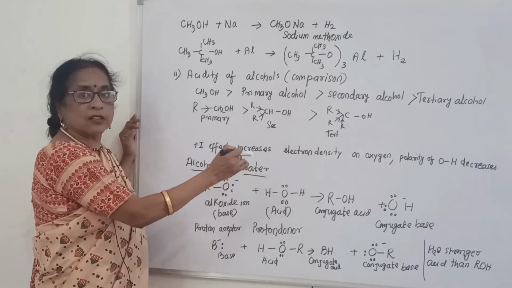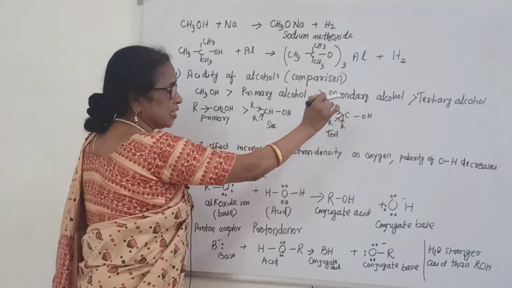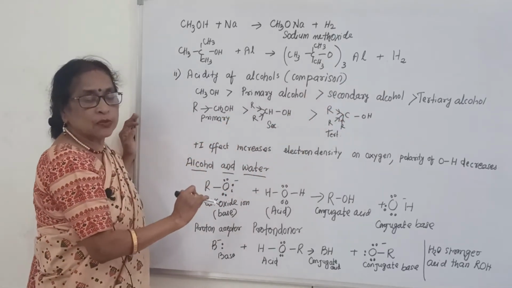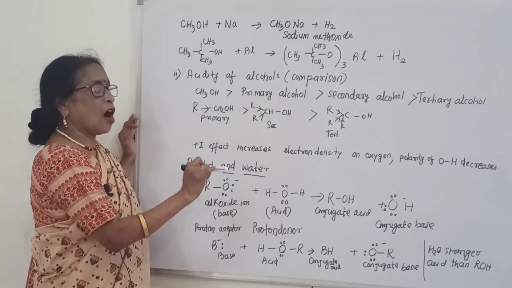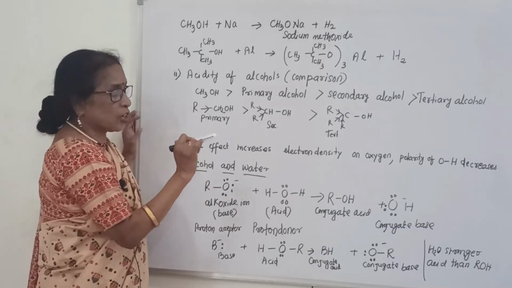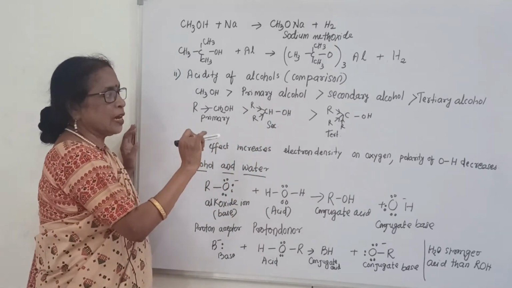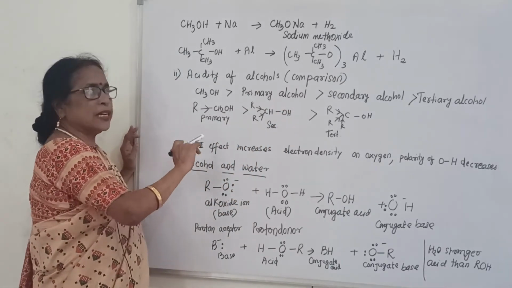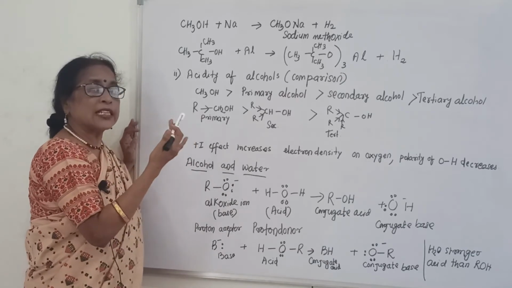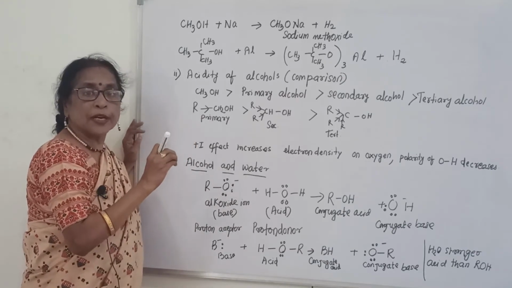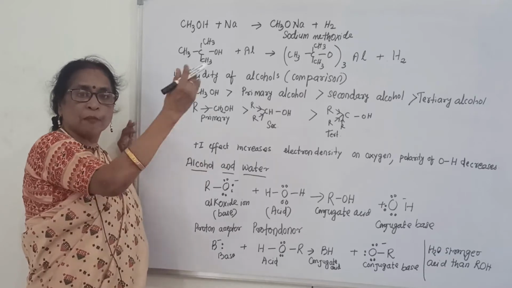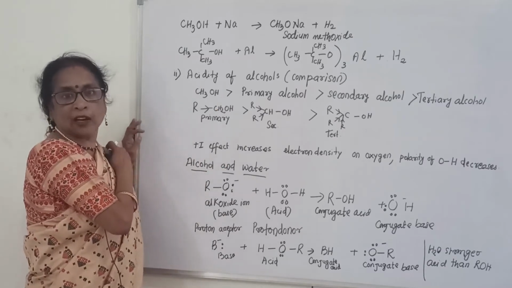That means electron density on oxygen increases, and so the polarity of OH decreases. If the polarity of OH decreases, that means the H is not removed easily. What is acidity? That H is removed easily and does not combine again to produce the alcohol.